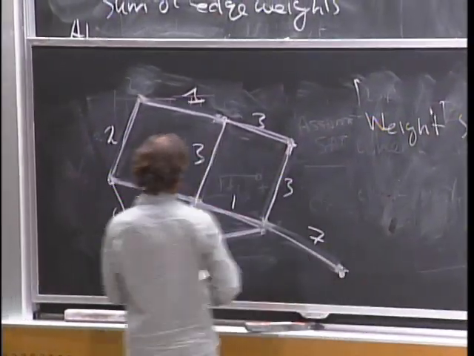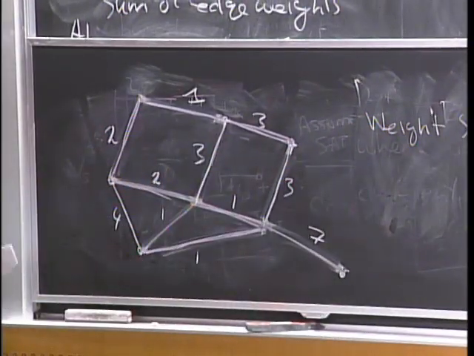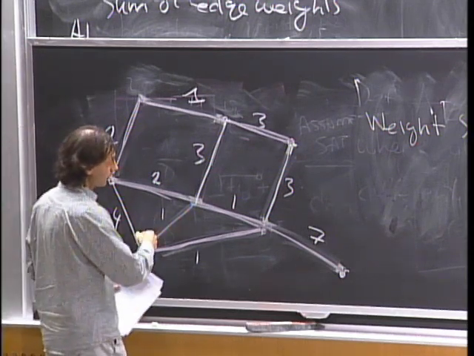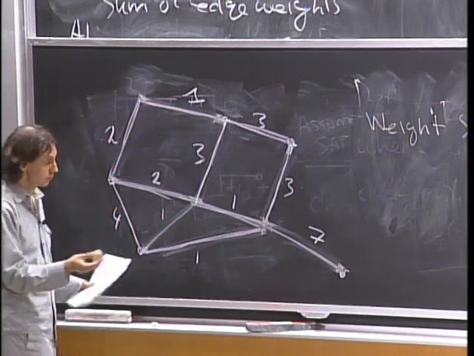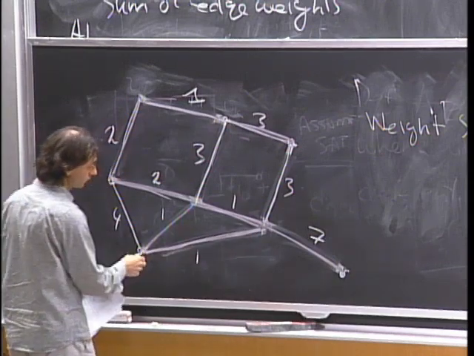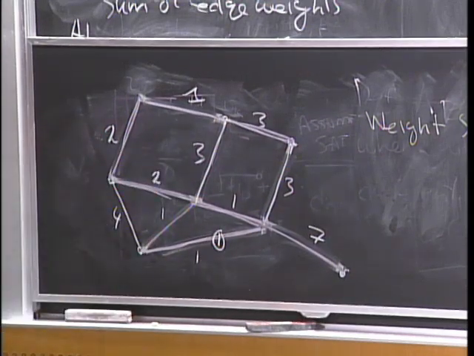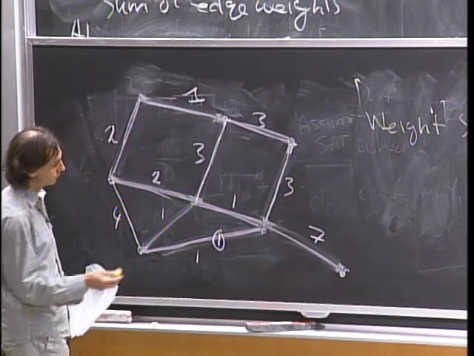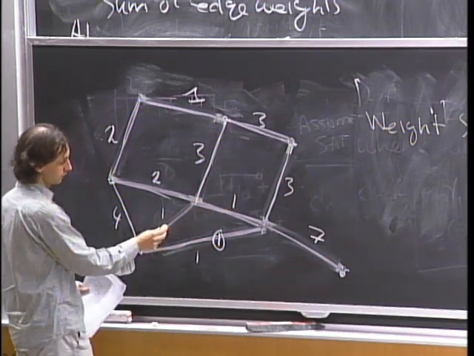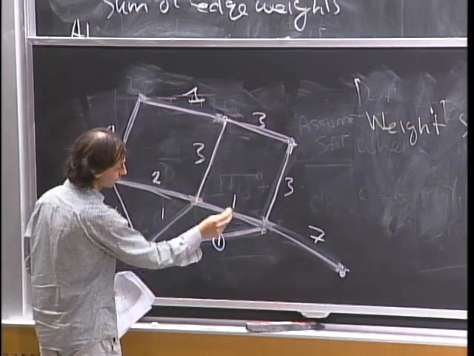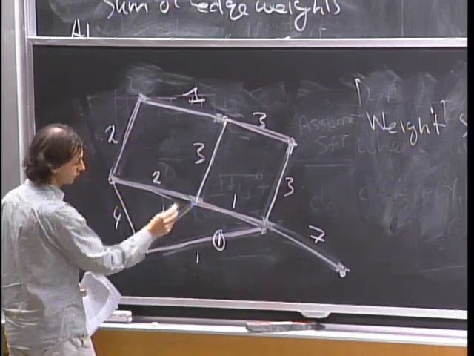Suppose I start with any minimum weight edge. Say I take this particular one. So this could be my first edge that I choose. Then I may want to choose another minimum weight edge such that I do not create a cycle. Which one could I choose? I could choose this one, or this one. With this one, I could choose this part. With this one, I could choose that part.